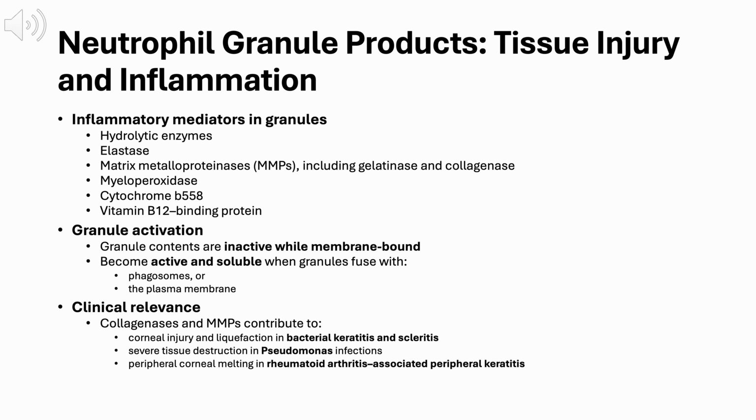This activation is essential for microbial killing, but extracellular release can rapidly damage surrounding tissue. In the cornea, collagenases and matrix metalloproteinases can degrade stromal collagen and produce liquefaction or corneal melting. This contributes to tissue destruction in bacterial keratitis and scleritis, is especially severe in Pseudomonas infection, and also plays a major role in rheumatoid arthritis-associated peripheral ulcerative keratitis.